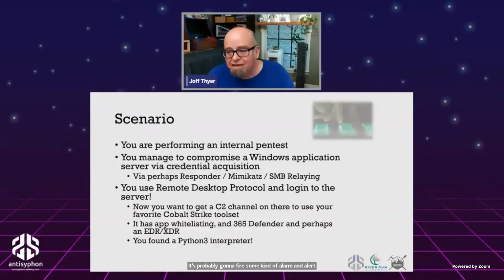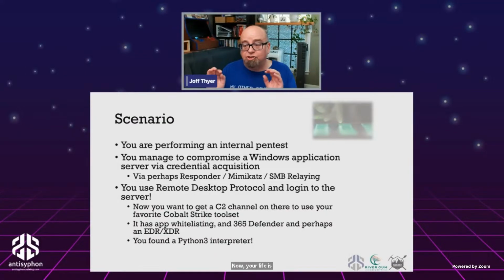But in your exploration, you found a Python 3 interpreter. Now, your life is good right now because a Python 3 interpreter allows you to run code. Or alternatively, maybe it's a more desktop style machine, you fire up the Microsoft App Store and you install a Python 3 interpreter.